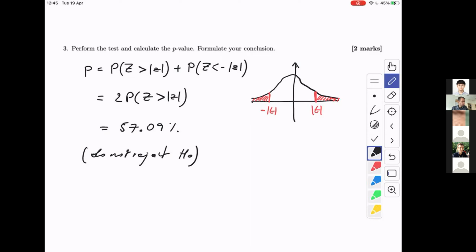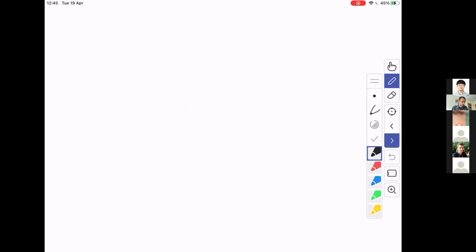And then just to wrap up, for the last 2 problems, I'm not going to work out the exact details. I'm just going to show you the formula. If I can pull it up from my course notes real quick. So for the last part, we have to say something about the power.